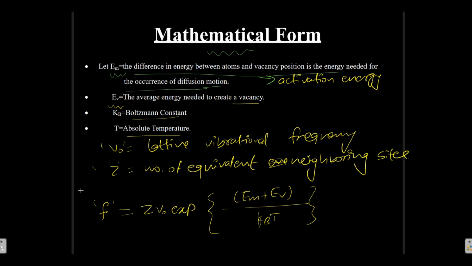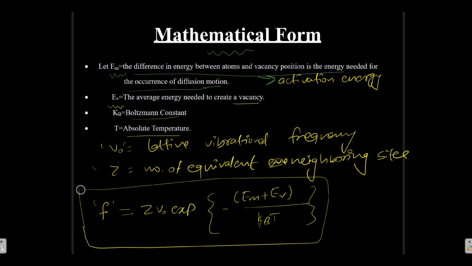This is the actual formula of jumping frequency. You can see over here, there are two separate terms: exponential minus EM by KBT and exponential minus EV by KBT.